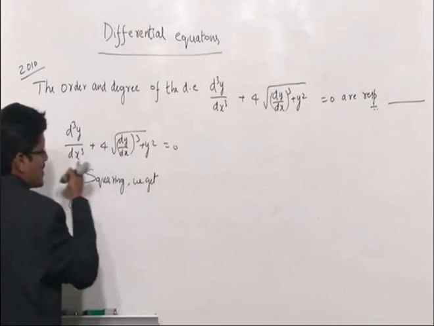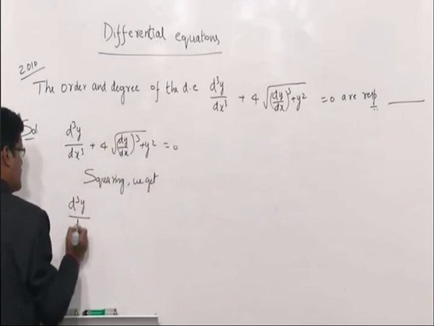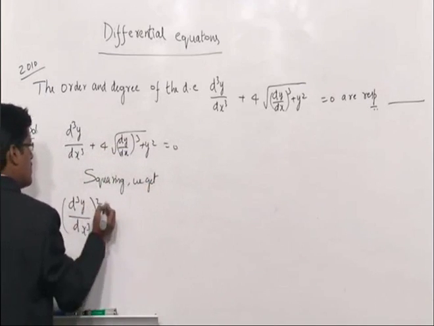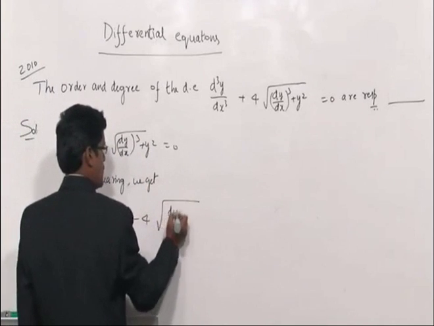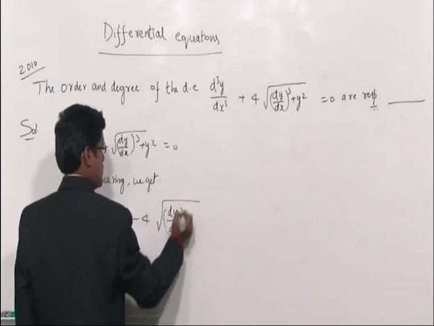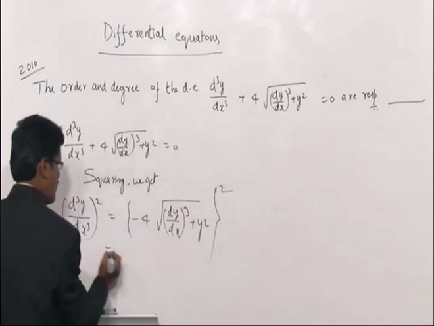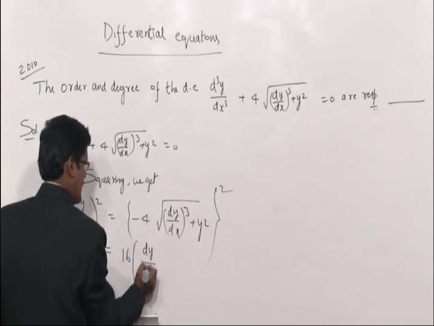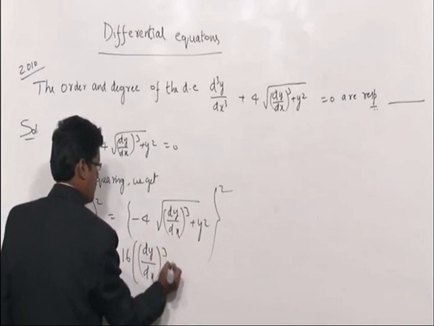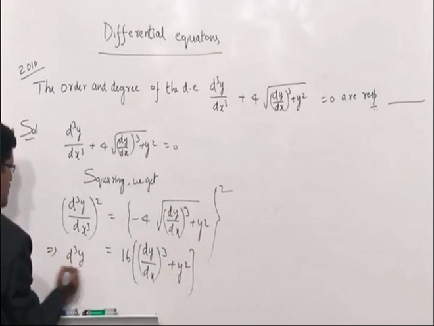I am not squaring this LHS directly. First of all, I am sending the second term to the right side and then squaring. This becomes (d cube y by dx cube) whole square equals minus 4 times square root of (dy by dx) whole cube plus y square, whole square. So this simplifies to 16 times (dy by dx) whole cube plus y square.